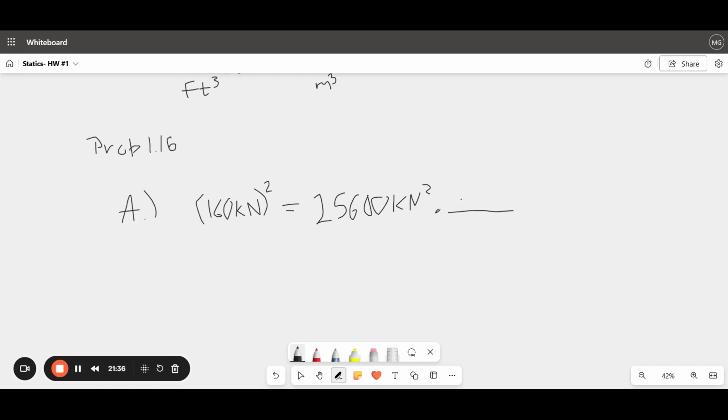So it's going to be 1 kilonewton equals 0.001 meganewtons, and we're going to square that whole unit conversion, which is going to give us an answer of 0.0256 and squared.